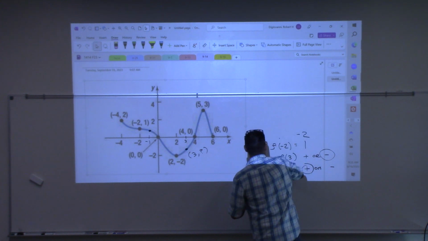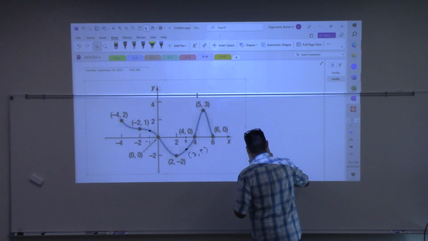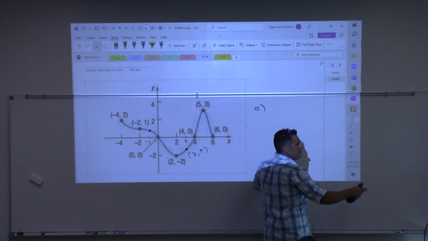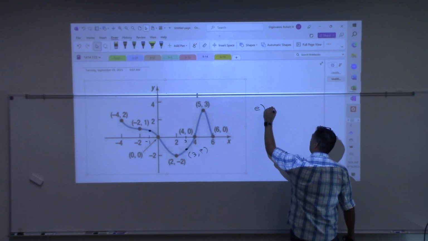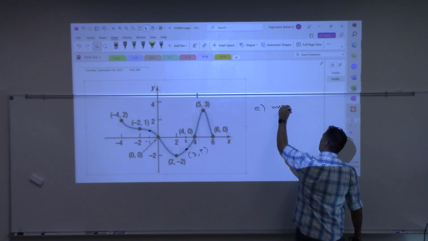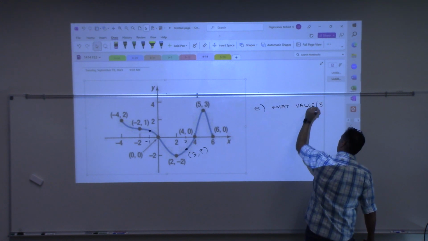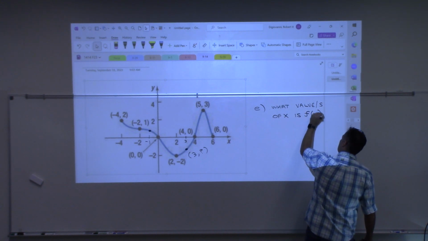All right, where are we? E? All right, so for E, we're asked for what values of x is f of x equal to 0?